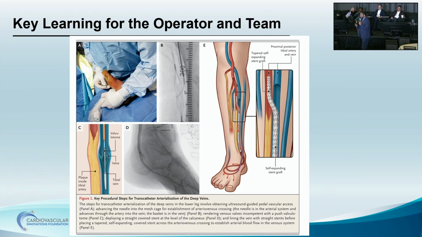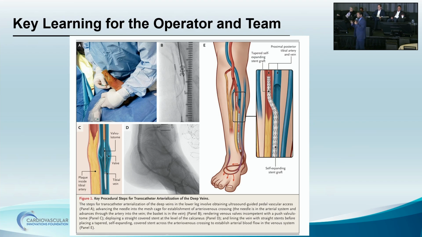It is advanced in the venous system, and then it is inflated. Then we go from the arterial system down, and using the needle, we poke from the artery to the vein, technically creating an AV fistula, and then pass the wire into this mesh. Once the wire is in the mesh, it is snared and dragged down into the vein and outside.